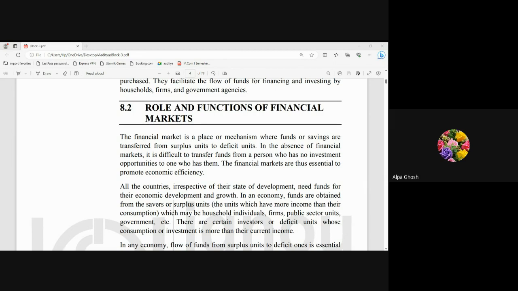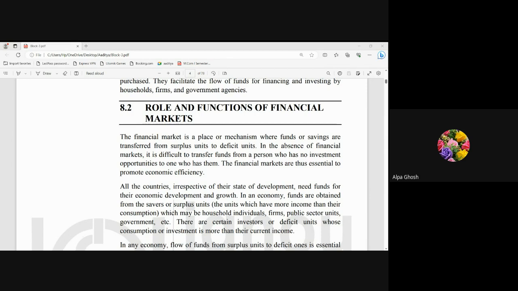We don't know that there may be people beyond my friends and relatives who need that amount. And if my friends and relatives have no requirement for the amount, then the funds are again with me. Same way, there are people who have a shortage of funds, but they do not know where to approach. At most, they will approach their friends and relatives, and if they do not have excess savings, then they are not going to get that amount.